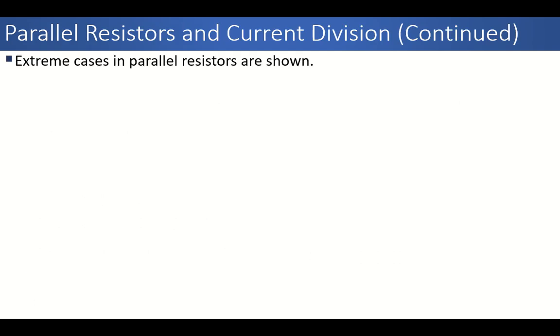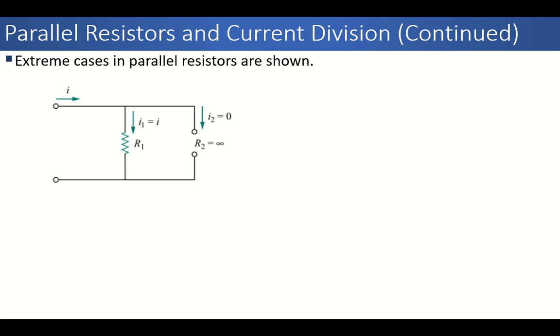So, extreme cases in parallel resistances. We already mentioned that when two resistances are in parallel and one of them is, let's suppose, an open circuit, in that case a current I, let's suppose it is the total current flowing, will flow through R1 because R2 is open.